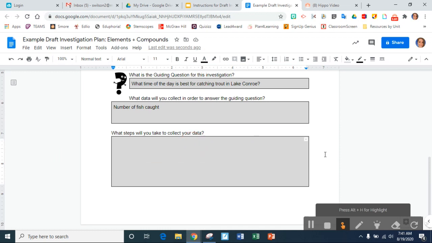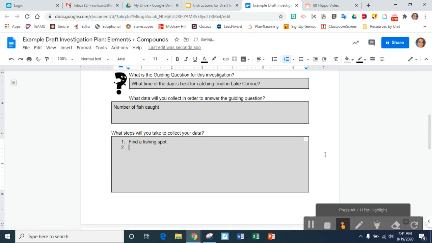So one, I'm going to find a fishing spot. And I'm going to use the same fishing pole and lures to cast into Lake Conroe. Fishermen, do not judge my fishing knowledge.